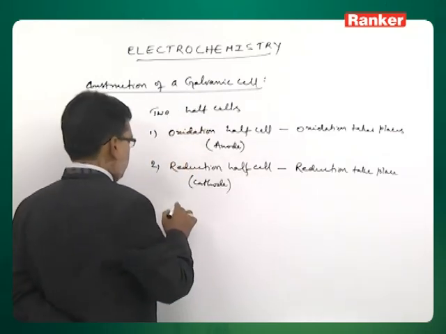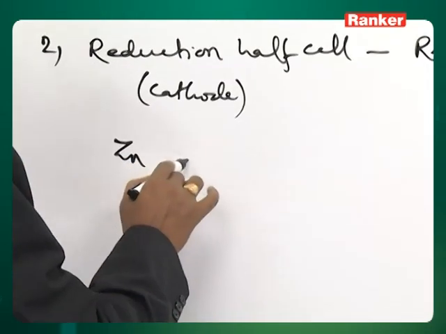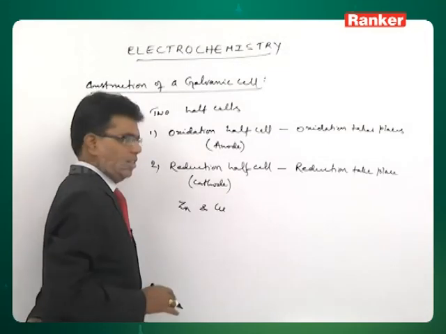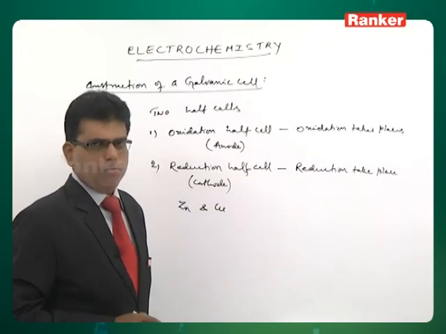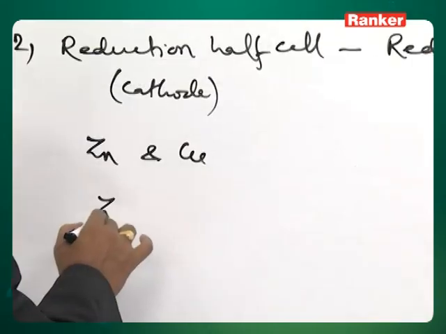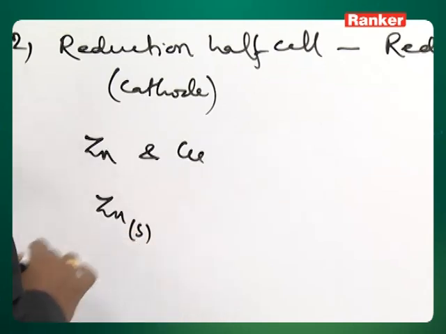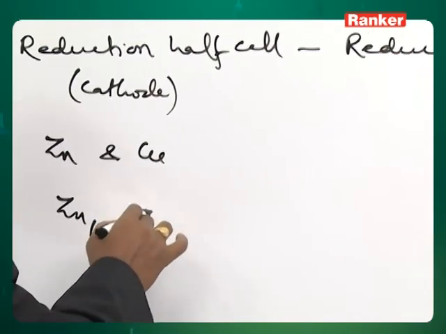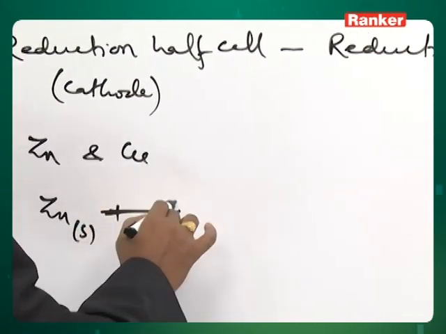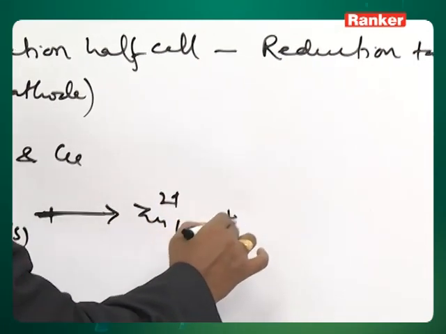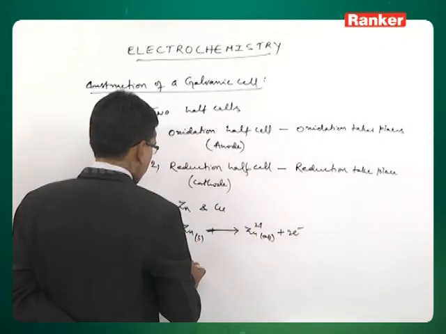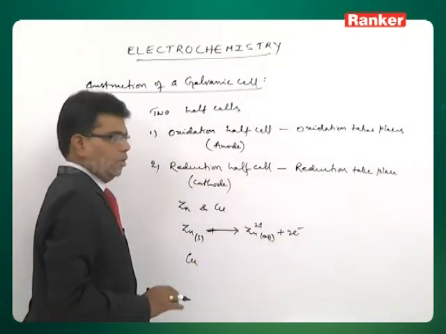Suppose we have a combination of zinc and copper, two metals. Zinc is more electropositive than copper. So, solid zinc undergoes oxidation to Zn2+ in aqueous solution, releasing two electrons.